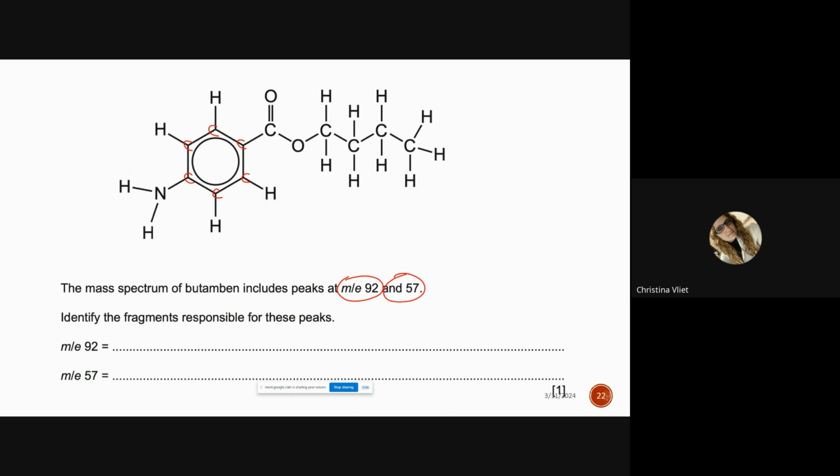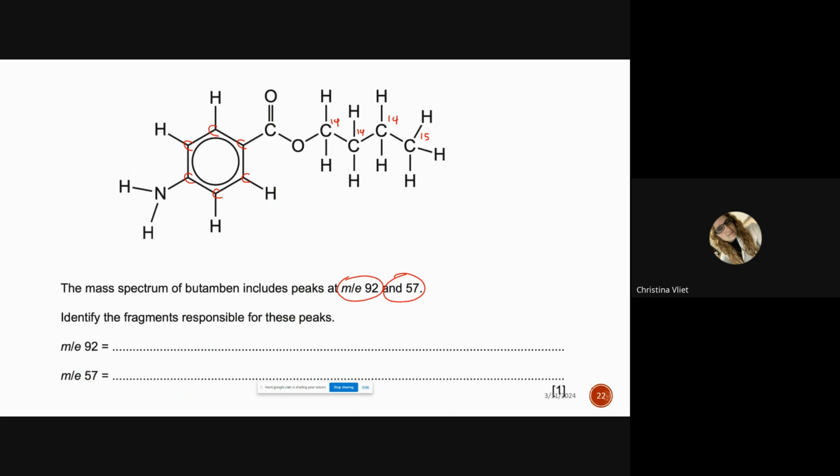Look at this C and its 3 hydrogens. What is the mass of 1 carbon and 3 hydrogens? This is what I started doing. I wrote 15 here. And then what is the mass of 1 carbon and 2 hydrogens for the next component? 14. And this one here? And this one here? Add up all those numbers.